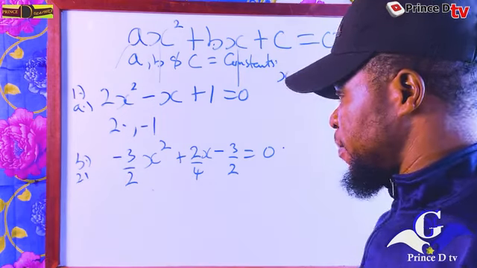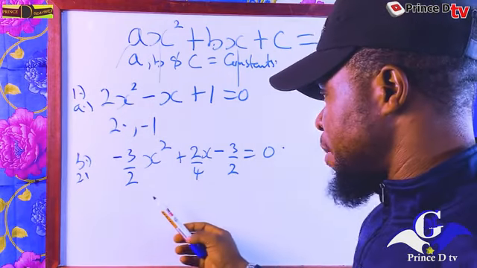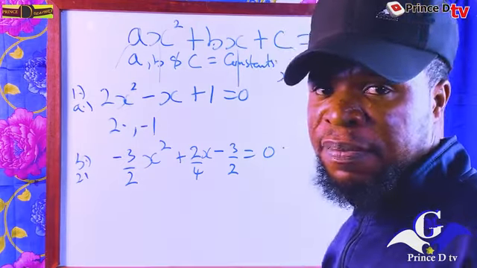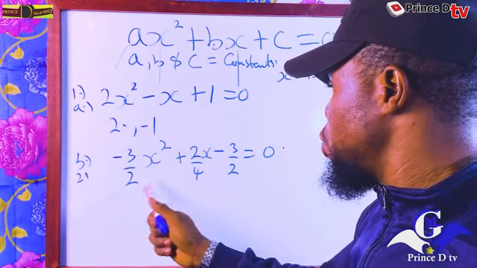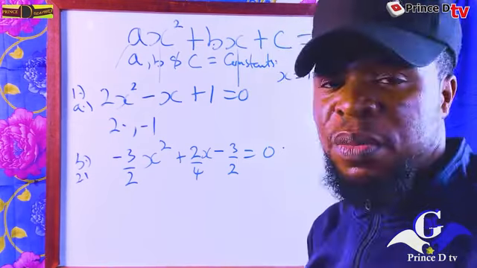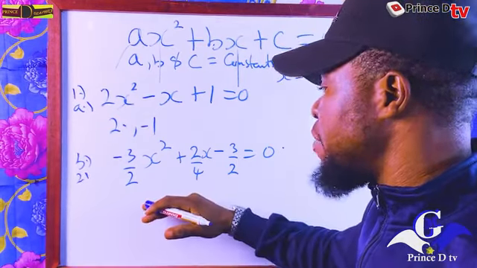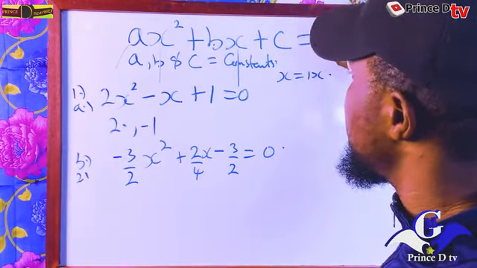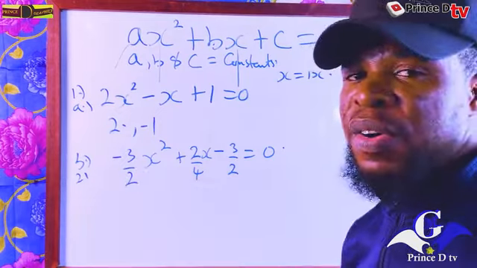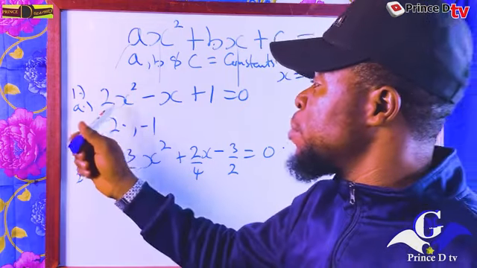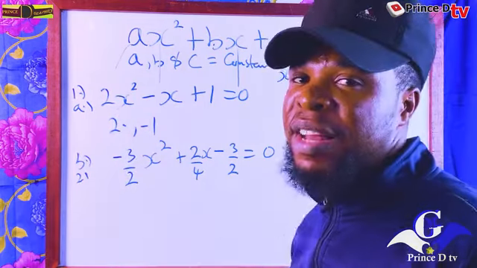If we look for the LCM and everything, you will notice that we'll come up with a single denominator. From here, 2, 4, 2, you notice that our denominator, of course, will be 4. And whatever we have here, we'll multiply by 4, and on the right, 4 times 0, our equation will still be 0. All right, so nothing has changed. So do not be confused. A quadratic equation does not have to be in this form, it can also be in that fraction form.